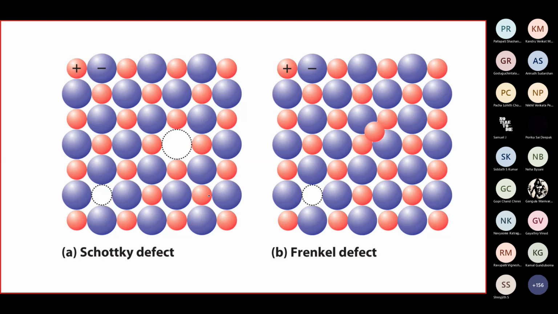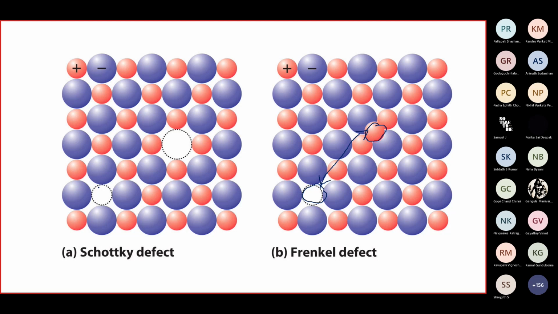One ion in the interstitial plus the vacancy it left behind together are called a Frenkel defect.